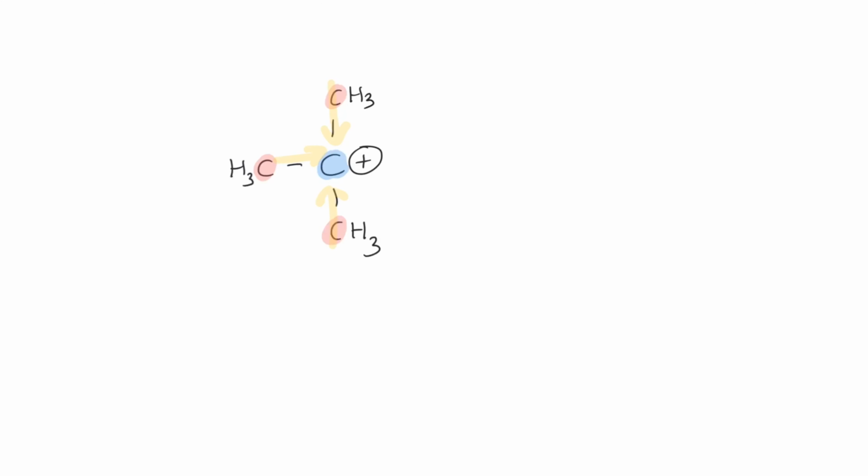So because you've got 3 groups pushing electrons onto the carbon, which is positive, this is now a more stable carbocation. If you compare this to a primary carbocation, a primary carbocation would only have one alkyl group. So we look at the carbon here and we count how many carbons are bonded to it. It's only 1.